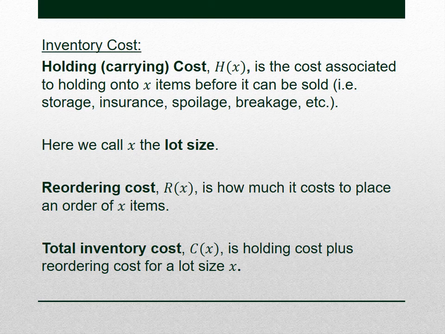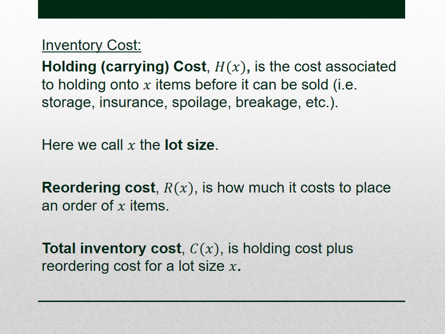So for example, I know in 28 it says what is the minimum inventory cost. That's on the homework. You don't need to answer that question. You just need to find the minimum lot size, things like that. But we're not going to actually form this total inventory cost function at all. There's a few formulas in the book that you can find if you're interested, but we won't be doing that.